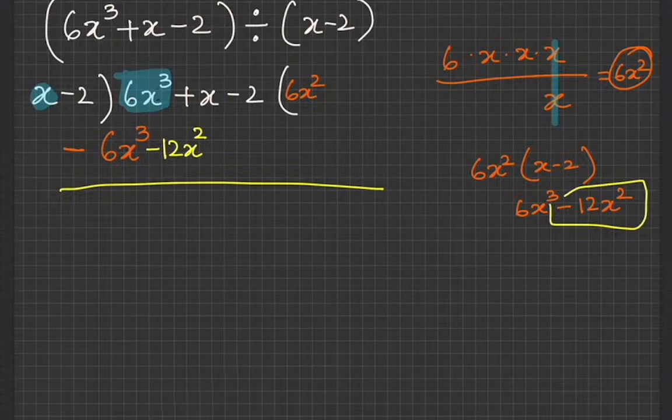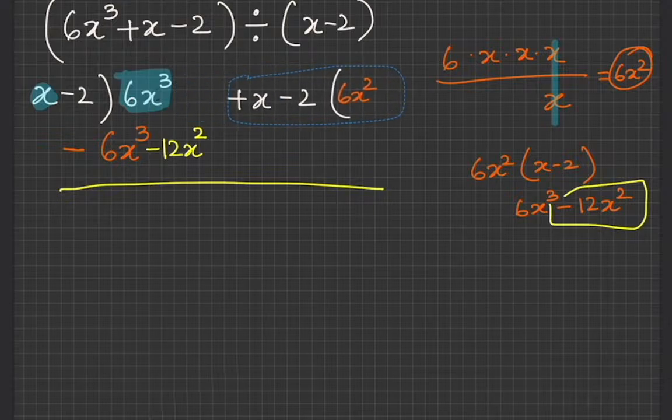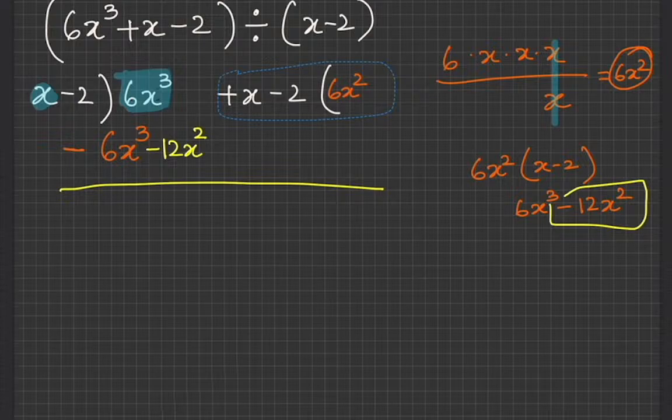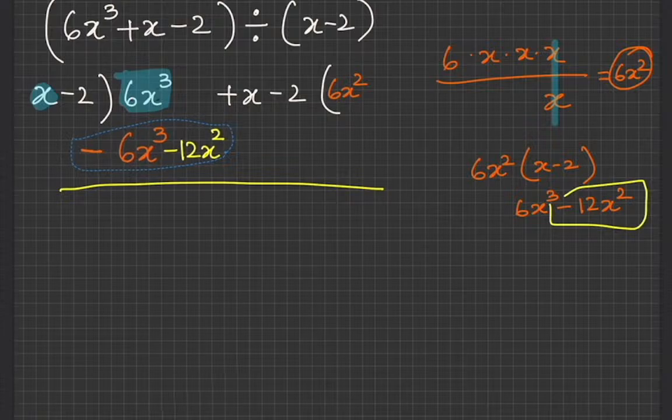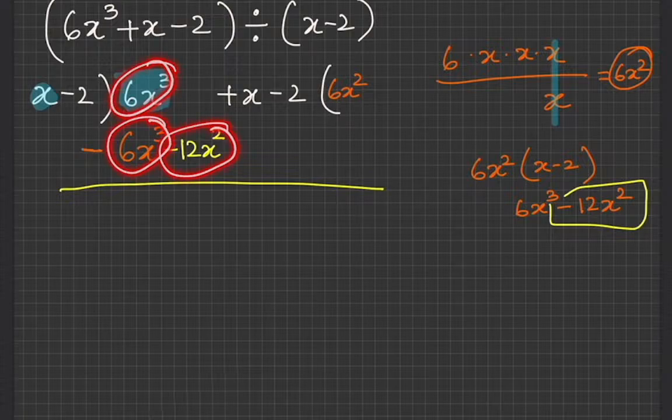If I want to, I can just pull this up. So now I have positive 6x cubed, and then a negative 12x squared. So now this positive 6x cubed is going to become negative, and this is going to become positive, and these two will get cancelled out.